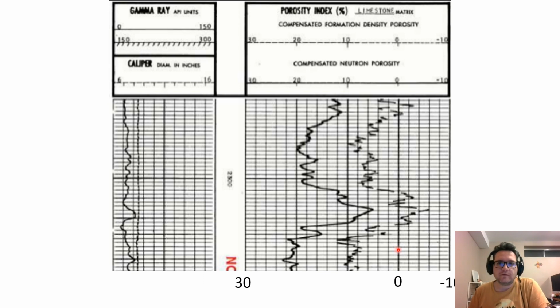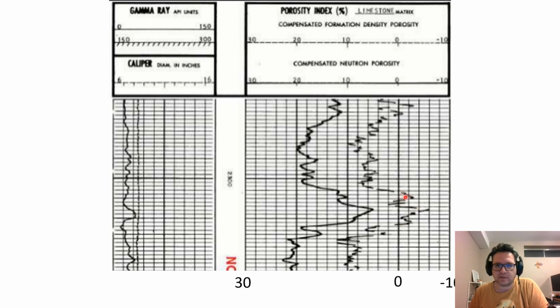What we need to focus on when we have this situation is that if, for example, this was our reservoir, we would have a negative response for the density porosity, which means that this log was compensated for another lithology. So the way we read it is we mark an average of this line, okay?